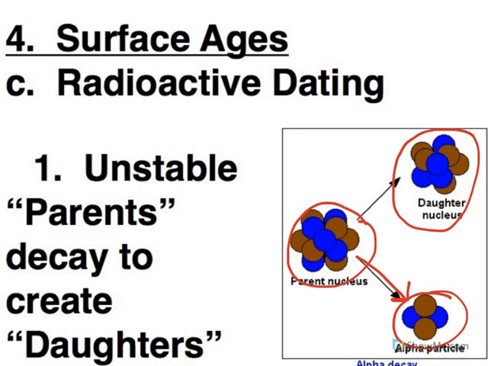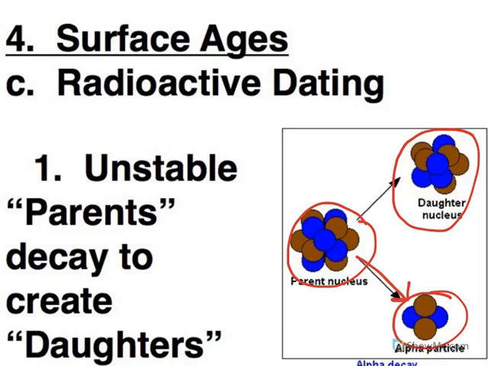We know how fast different elements decay. So by looking to see how many daughters there are in a sample versus how many parents there are in a sample is a way of determining the age of that material.